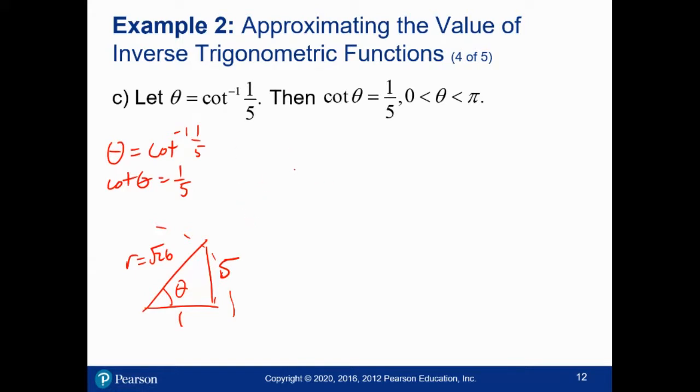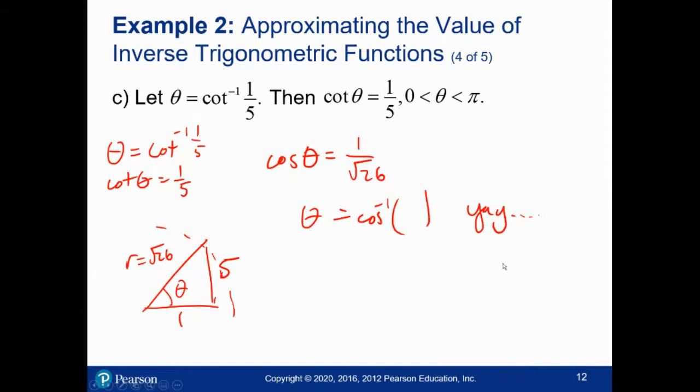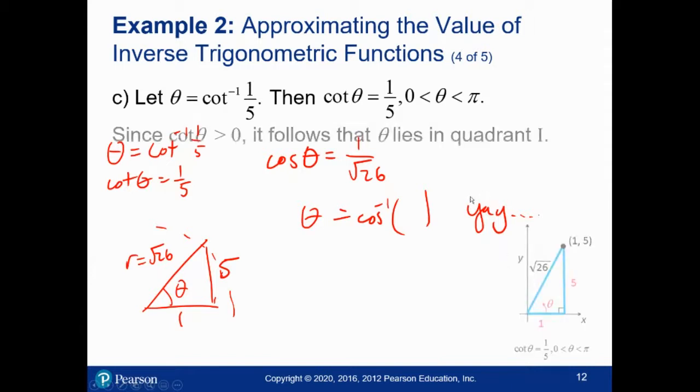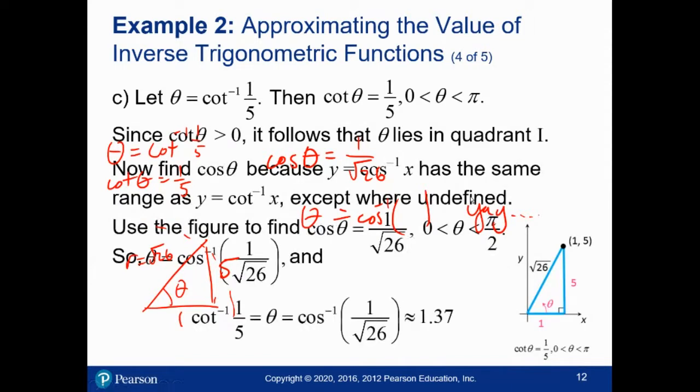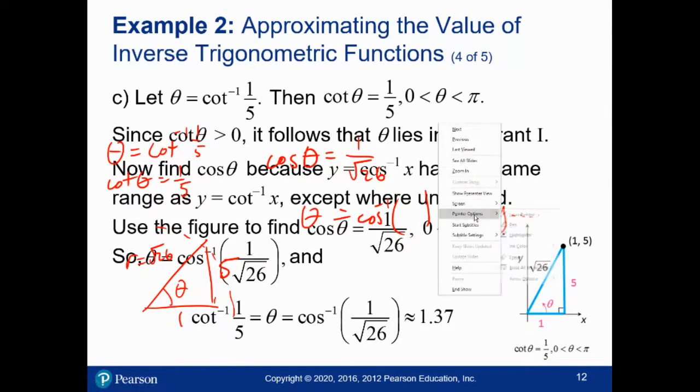And from there, we're trying to find what is theta. But then you can do things like say, well, the cosine of theta is 1 over root 26. And then I can just take the arc cosine of that. Okay, I think this is more confusing than just taking the arc tangent of 5, but whatever. Sorry, I'm just breezing through there. So there it is, 1.37, and there you see it, the arc cosine of 1 over root 26.